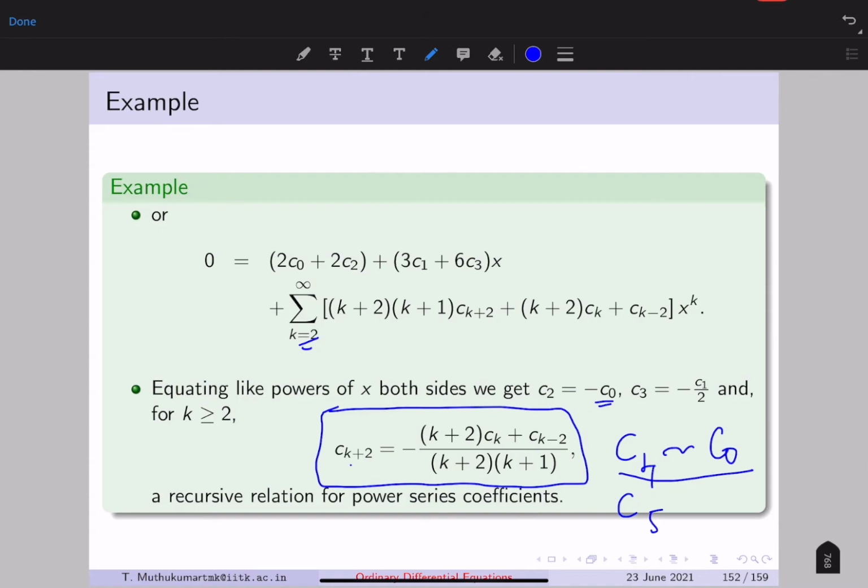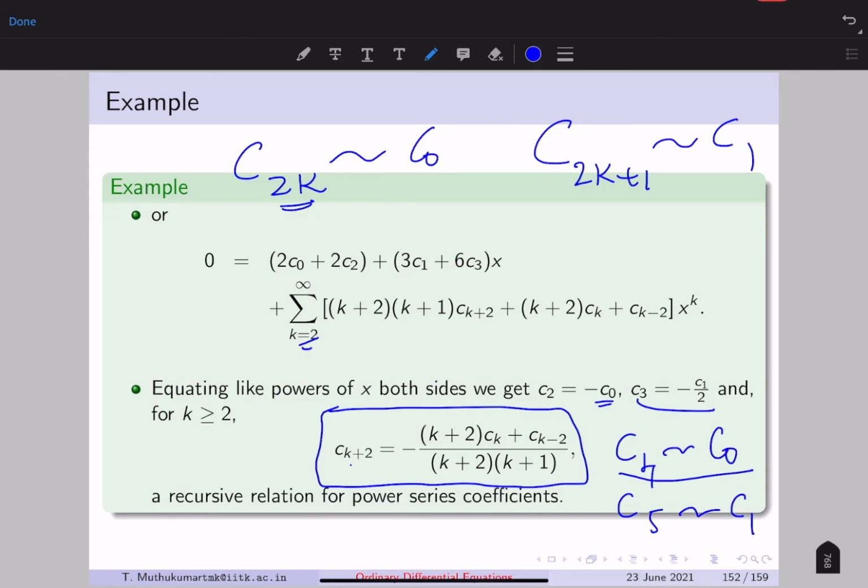Similarly, C5, if you put k equal to 3, this is C3, this is C1. But C3 again depends on C1. So C5 depends on C1. If you keep doing this, all constants with even subscript will depend on C0, and all constants with odd subscript will depend on C1.